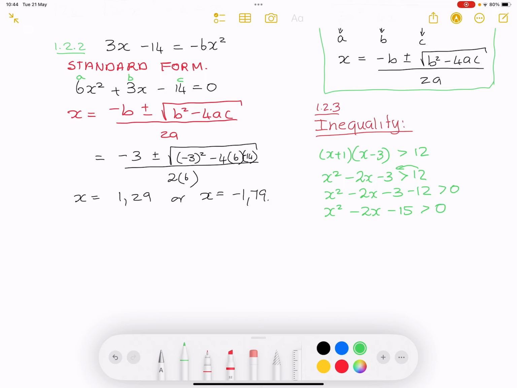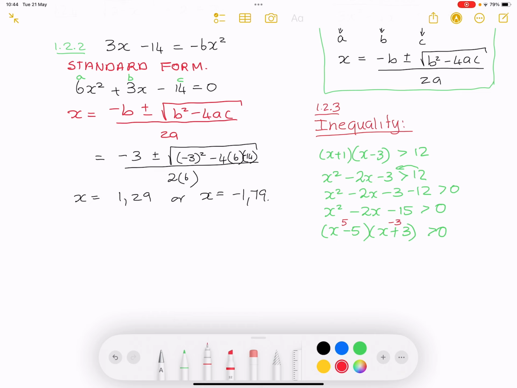If you factorize, you have x minus 5 and x plus 3, which is greater than 0. Now, if you should solve this, you would get an answer of 5 and you would get an answer of negative 3.